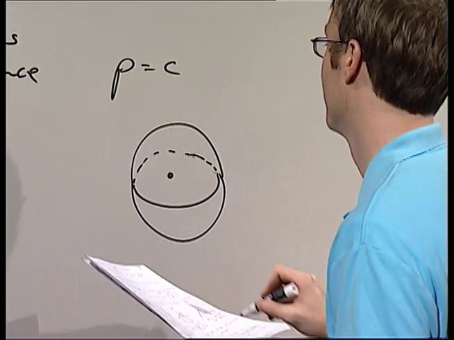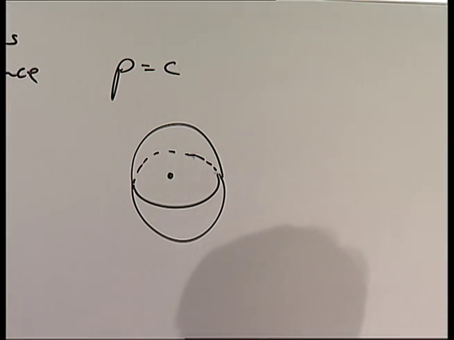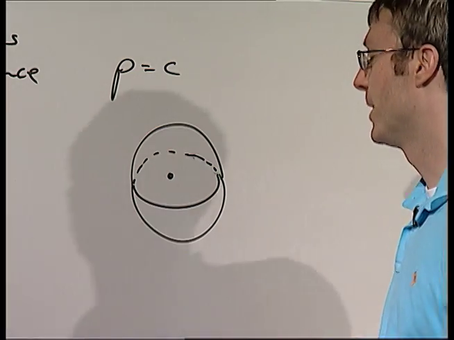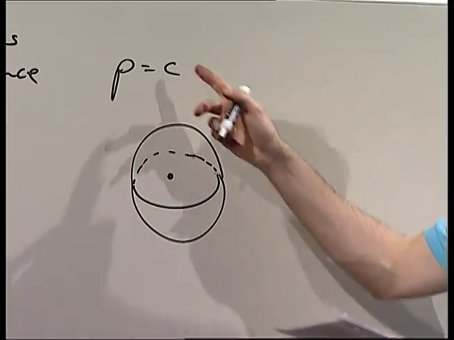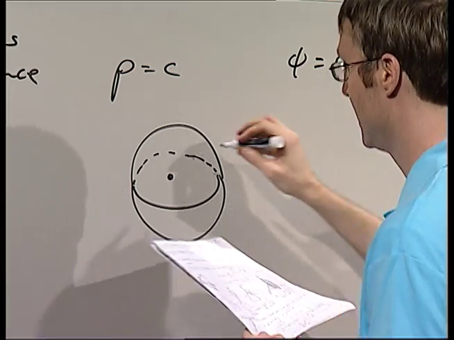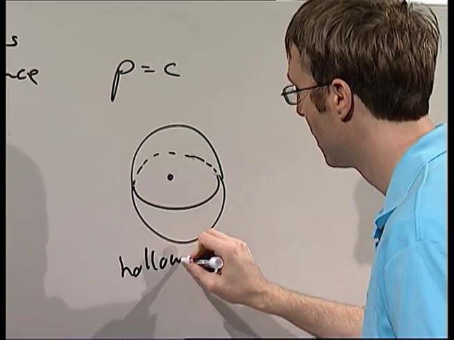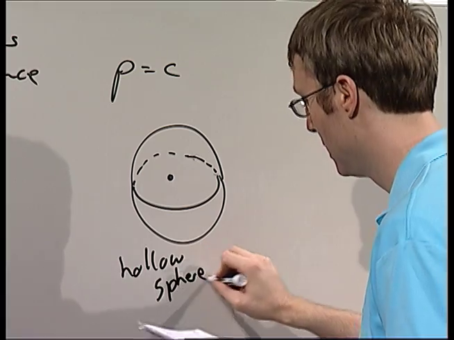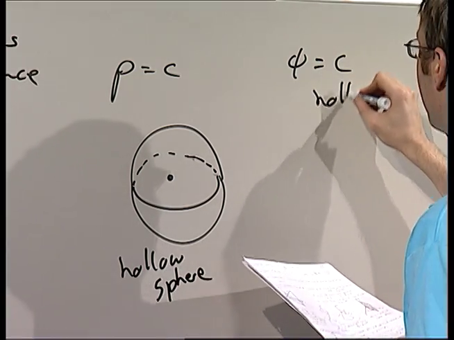There's a lousy sphere, but it's a hollow sphere with center at the origin and radius equal to c. What if phi is equal to c? Then this is actually a hollow half cone.